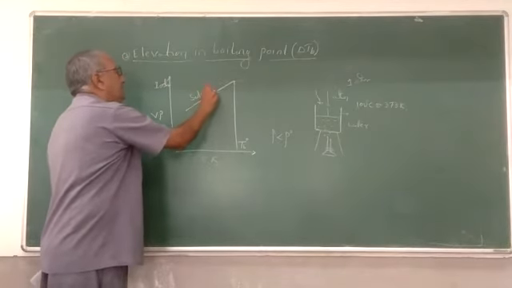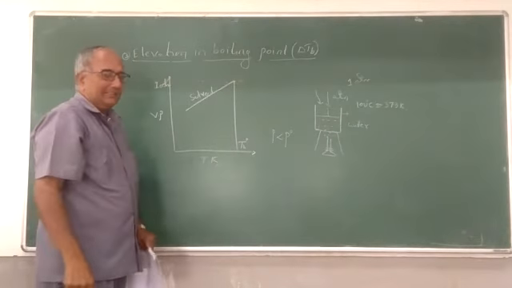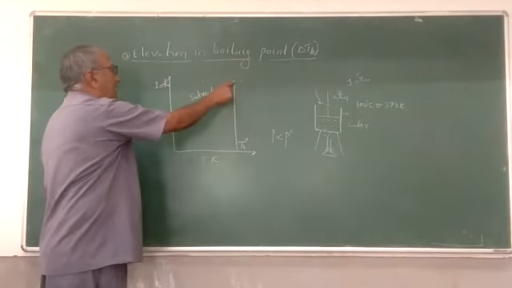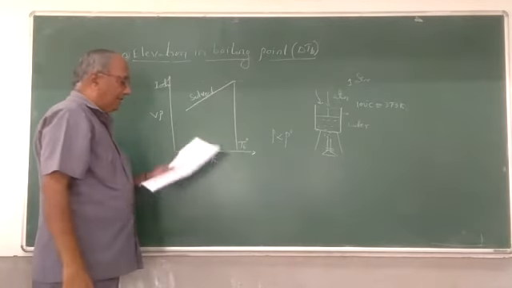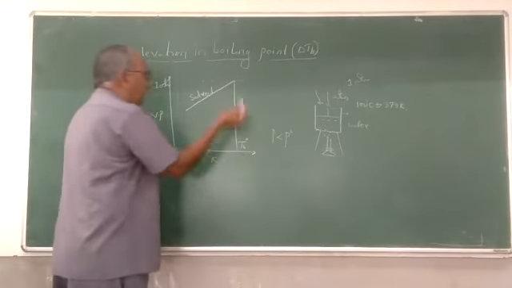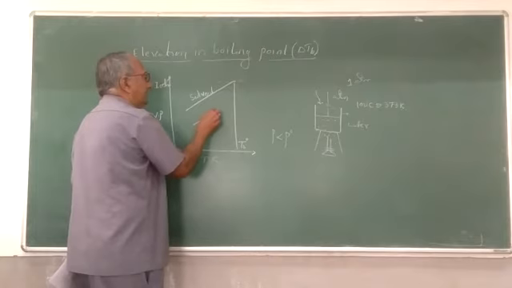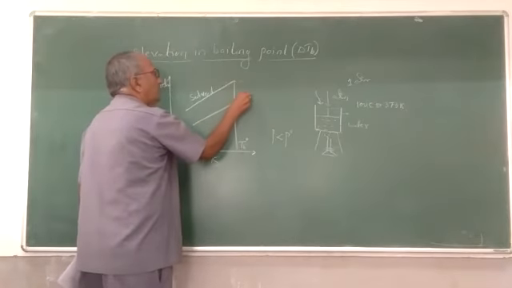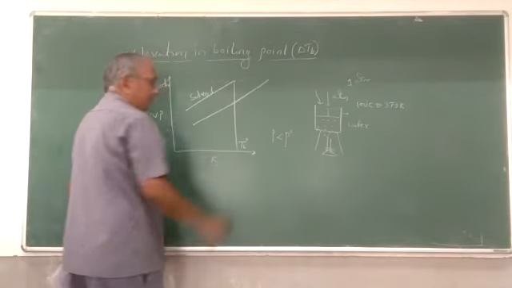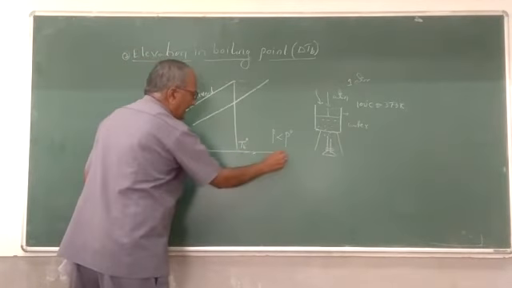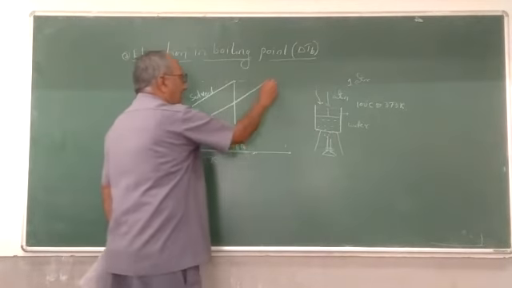As the temperature increases, the vapor pressure of the solvent increases, and when it reaches 1 atm, it boils. That is the boiling point of the solvent. Suppose you add a non-volatile solute and start to heat it, the vapor pressure of the solution increases, and when it reaches 1 atm, it boils.